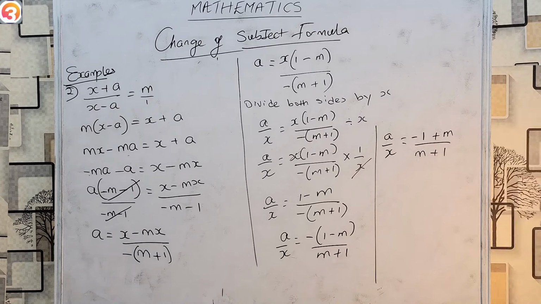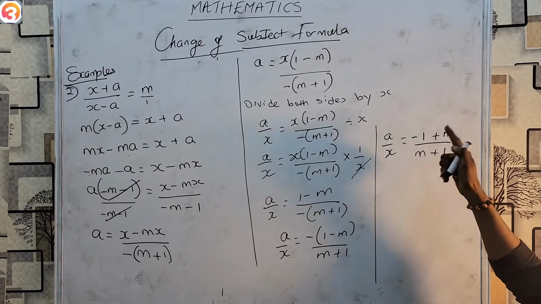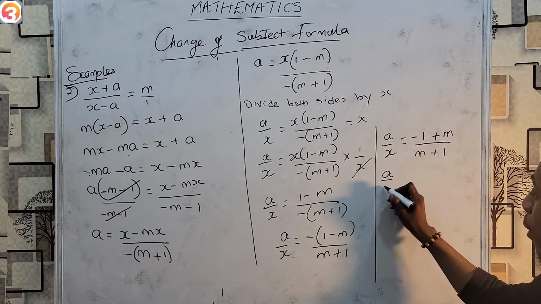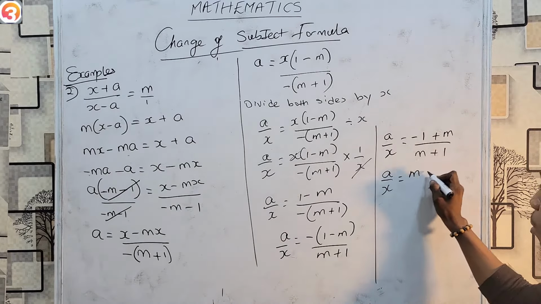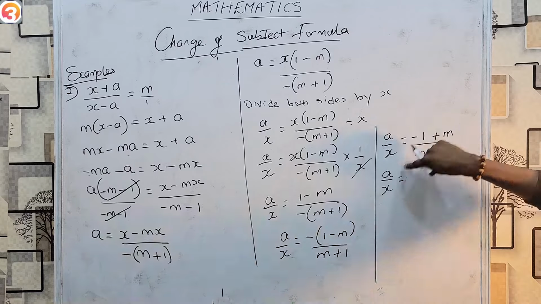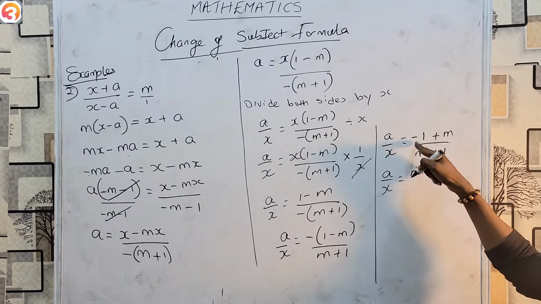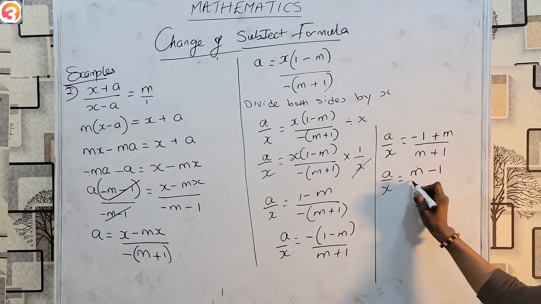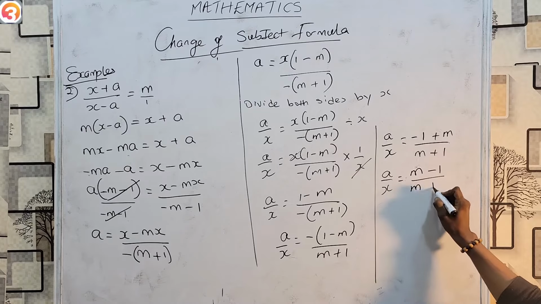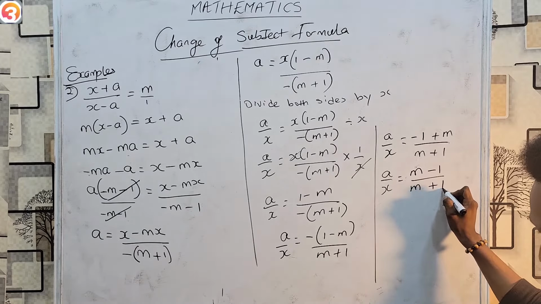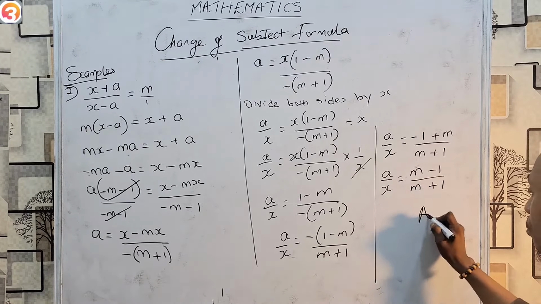This is looking familiar, but it's not exact. I should be having m coming first, positive before negative. So a over x is m, sorry, yes, take this plus m first, take this minus 1 second, minus 1 over m plus 1. And that is option A.